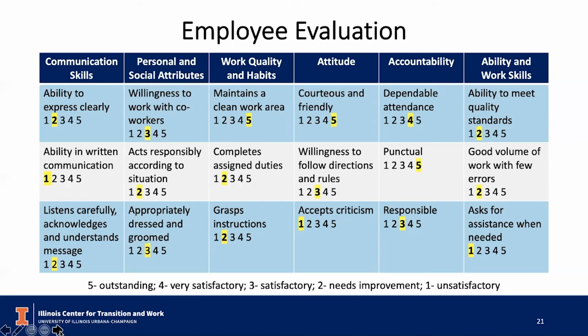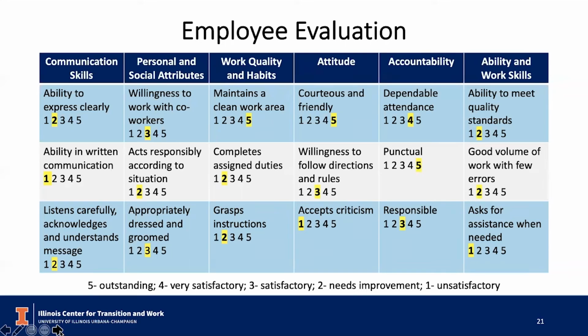In the first column, you'll notice communication skills. And those things are like the ability to express clearly, the ability in written communication, and listens carefully and acknowledges and understands messages. If you'll notice here, a 5 is outstanding, a 4 is very satisfactory, 3 is satisfactory, 2 needs improvement, and 1 is unsatisfactory.